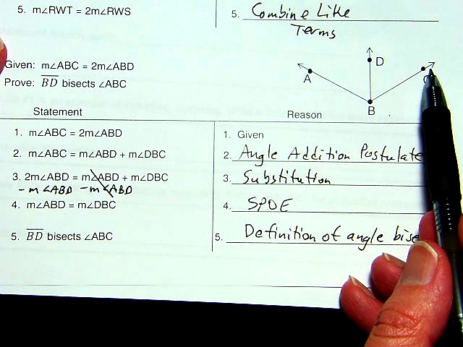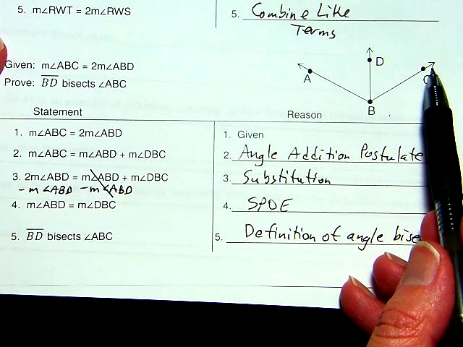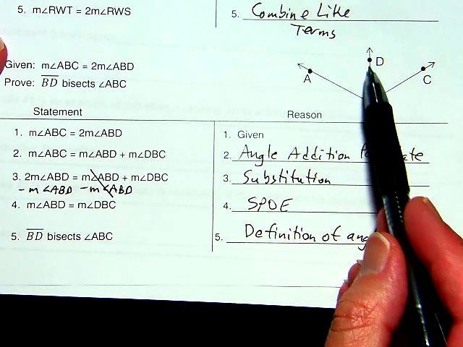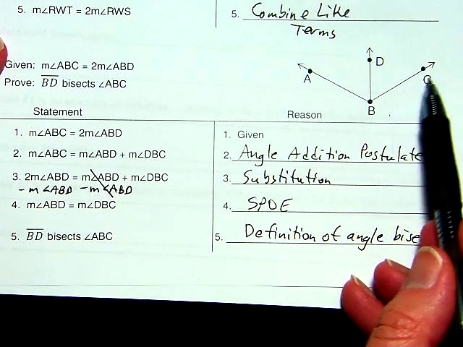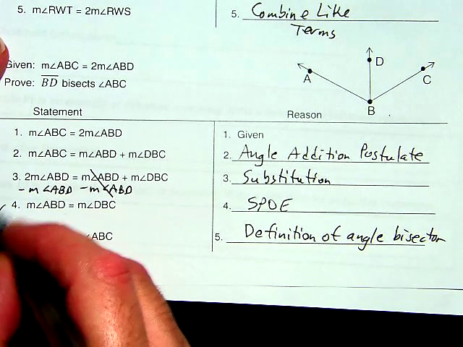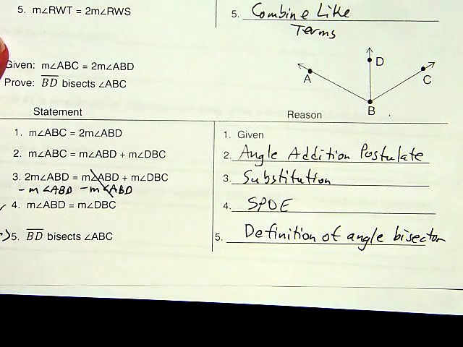Remember, the converse of a biconditional is true. So we can say that if angle ABD equals angle DBC, then BD is an angle bisector. And that's what's going on here. We're actually using the converse of the definition of an angle bisector, but that's fine because the definition is a biconditional statement.